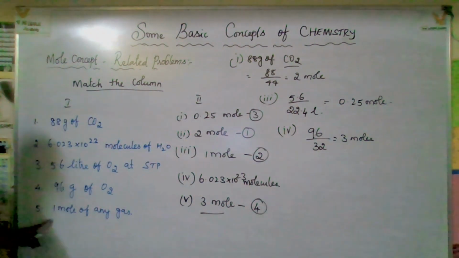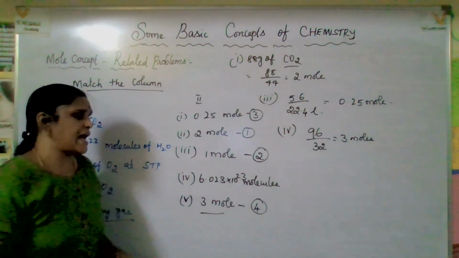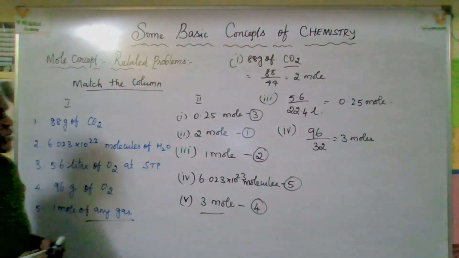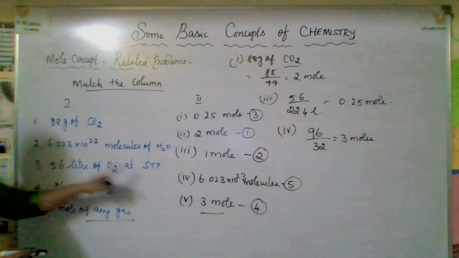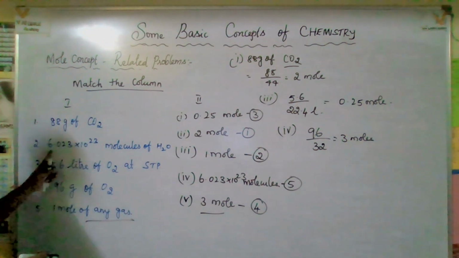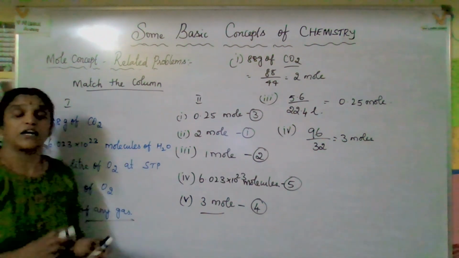And the last one, 1 mole of any gas. Naturally, this is the fifth option. It is 6.023 into 10 to the power of 23 molecules. See, here also 6.023 into 10 to the power of 23 molecules of water.